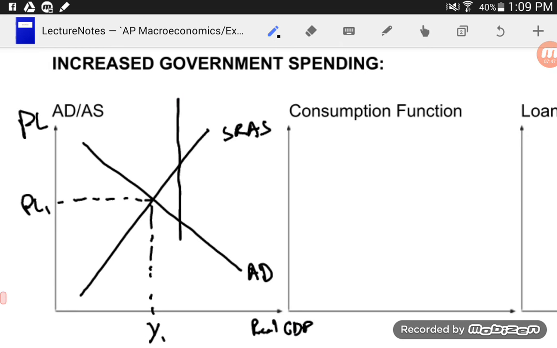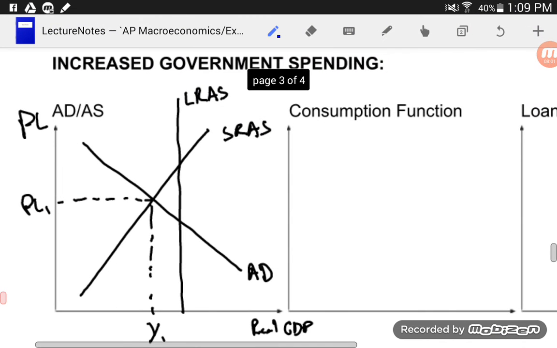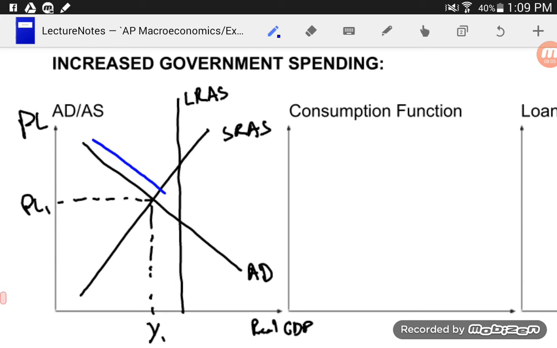And a recession, so this is where we're at. The idea here is part of aggregate demand is government spending. Here we go. So if we increase government spending, we get aggregate demand plus that increased government spending.